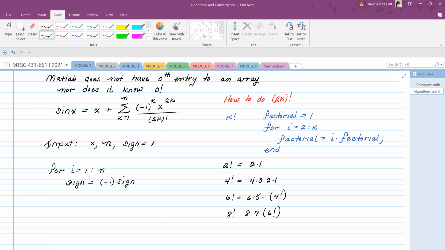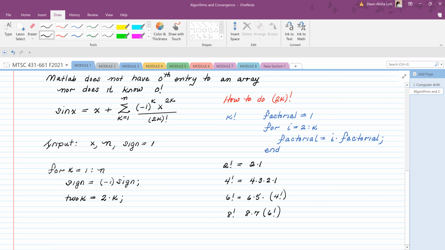Then we have to calculate our factorial. So let's call k2. Actually, I'm going to use k because that's what I used before. So 2k is 2 times k.